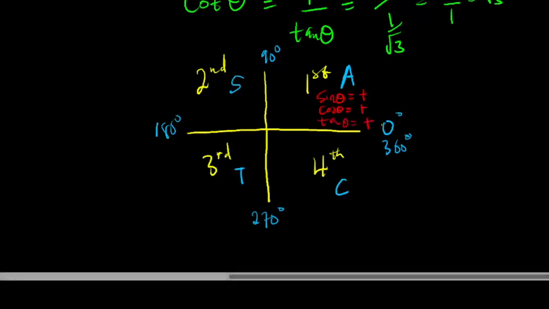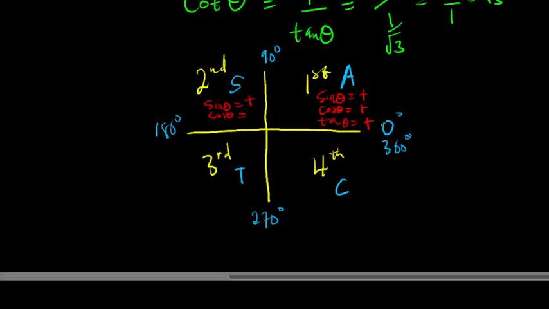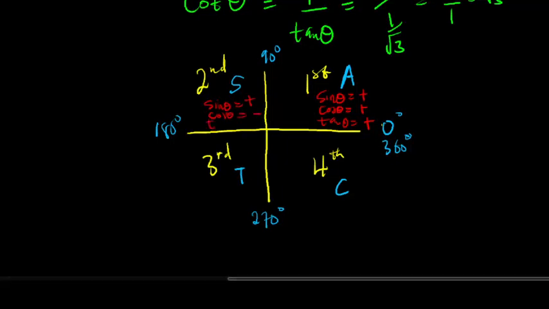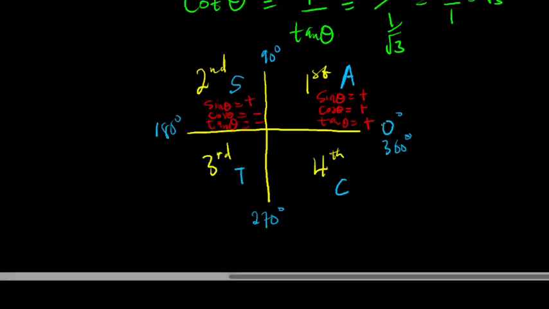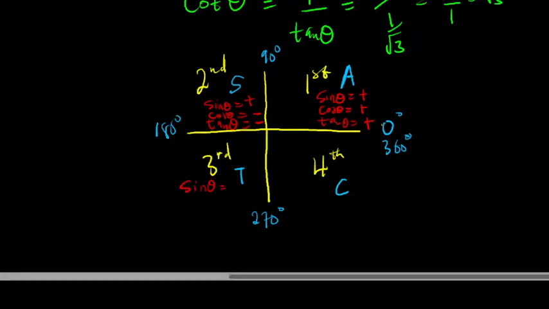The second quadrant, we have sine theta only to be positive, cos theta to be negative, and tan theta to be negative. Now in the third quadrant, we have sine theta to be negative because we have T. It means that only tan is positive.